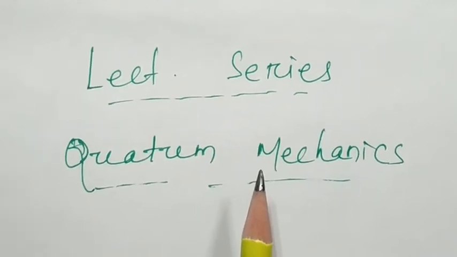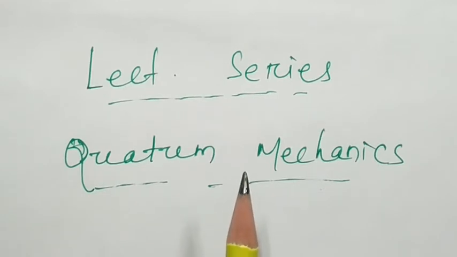In our last class we discussed the properties of linear operators, and somewhat about the commutation of two operators and the physical significance of commutation between two operators.